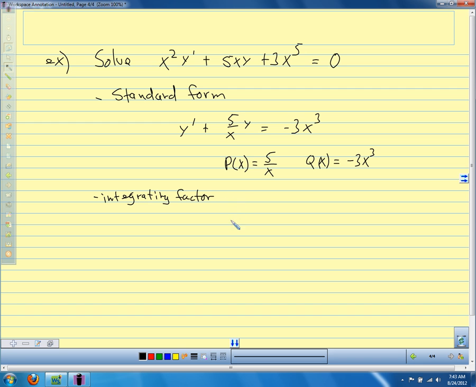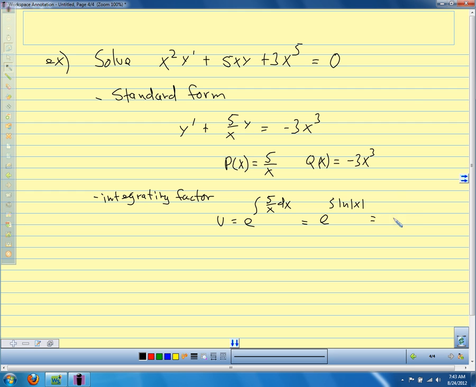Our integrating factor u equals e to the integral of p of x, 5 over x dx. And that is e to the 5 times the natural log of absolute value of x.